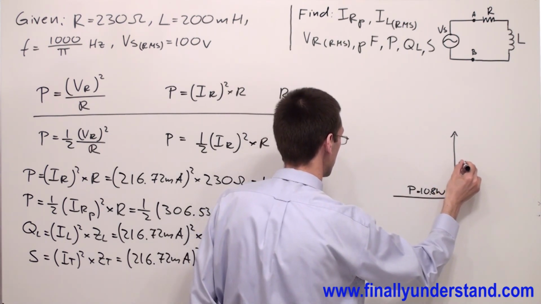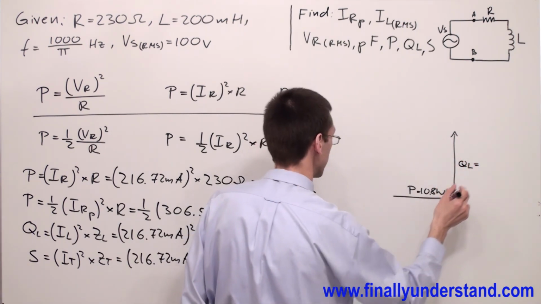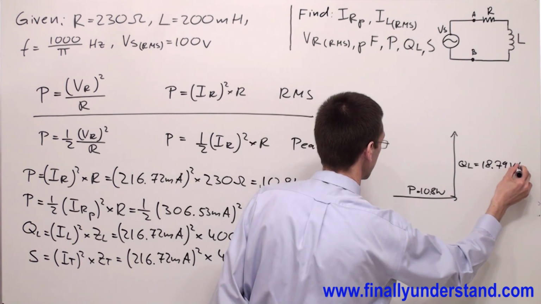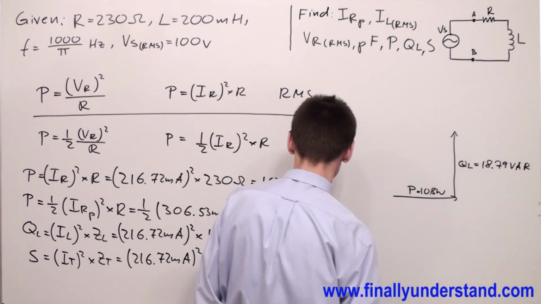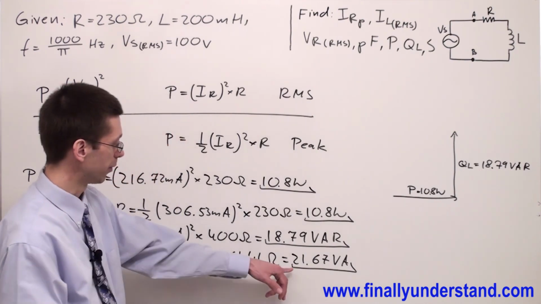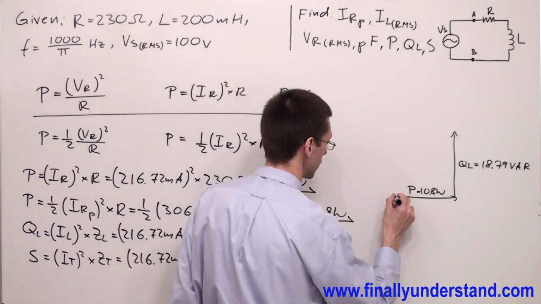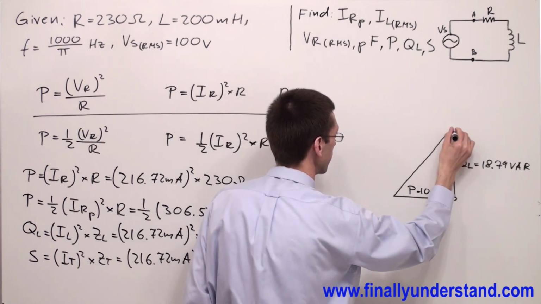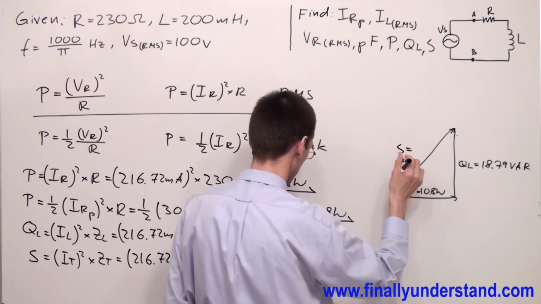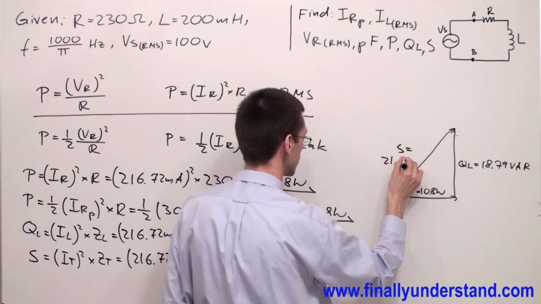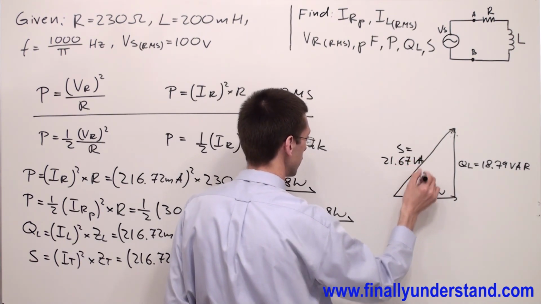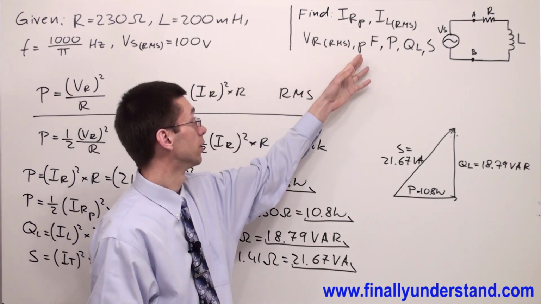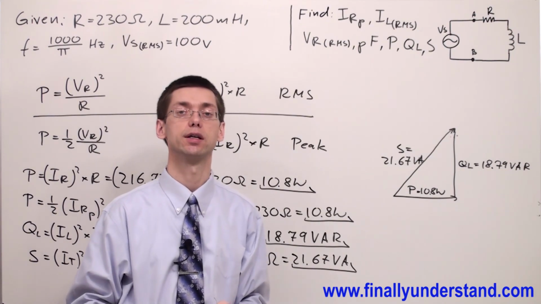So I have QL equals 18.79 volt ampere reactive, and I have my apparent power. Okay, let's make this a little bit longer. I have S equals 21.67 volt amp. So we found the currents, voltage, power factor and powers, so we can say that the problem is solved.